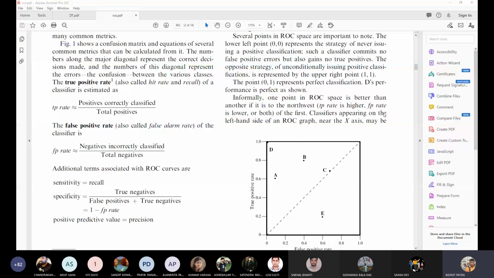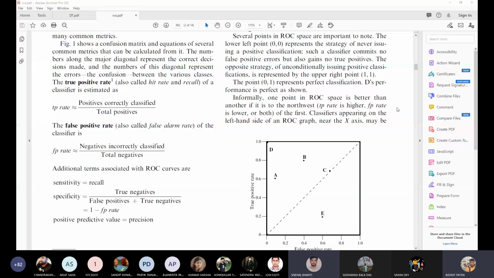No, sir, the voice is clear. Okay, but someone was asking a question. No one is asking. You understood? Yes, sir. What is the formula for recall? Sudhanshu was asking some question, right?